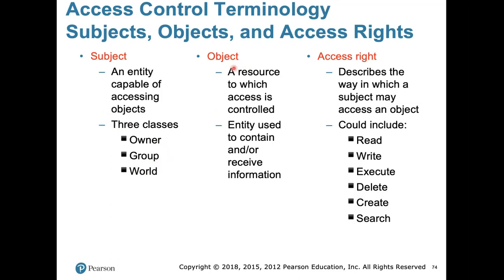And then we have objects. Objects are resources in our system, and we are talking about accessing these resources. Accesses to these resources are the question that we are talking about now.